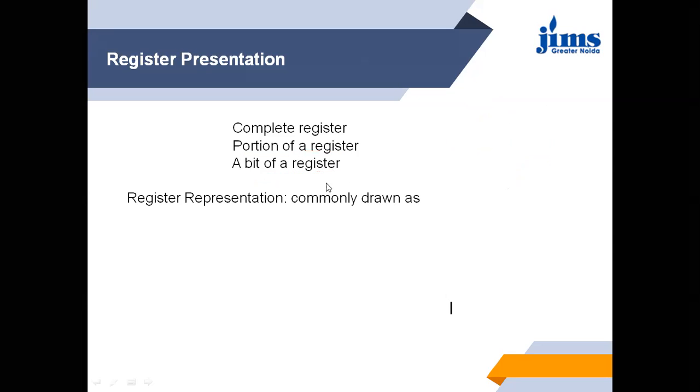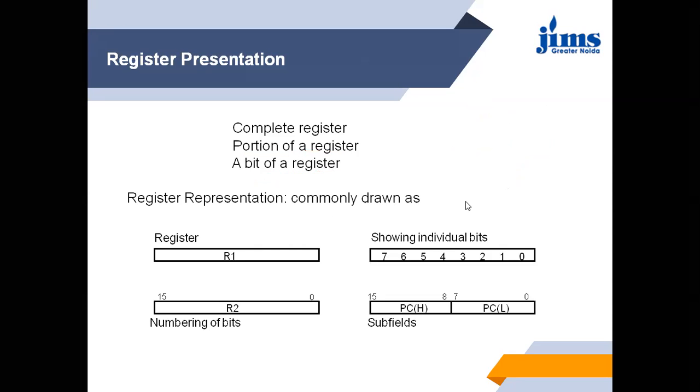So register representation is commonly drawn as I told you: a complete one, a portion of a register, or a bit. Suppose this is a register R1. I can represent this complete register by R1, meaning this is a single entity, or this register is going to be considered as a single one.